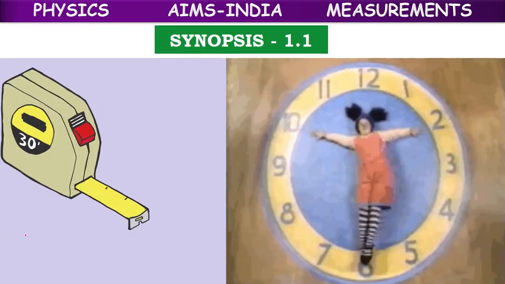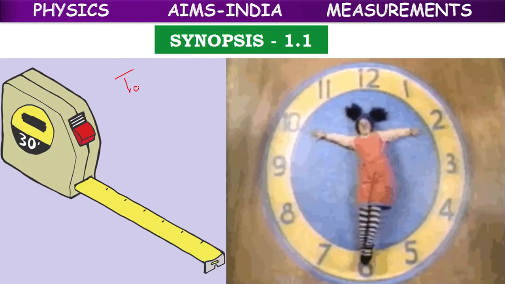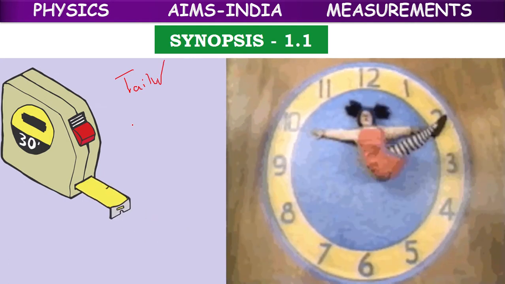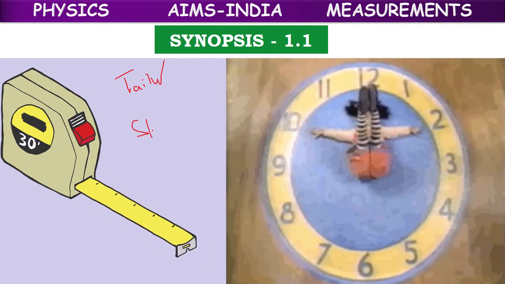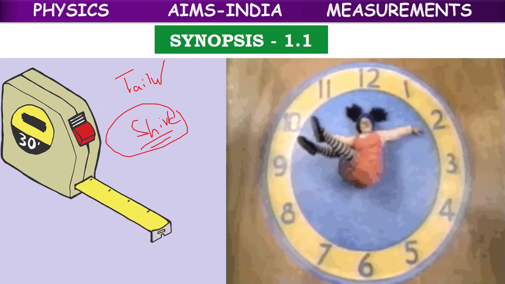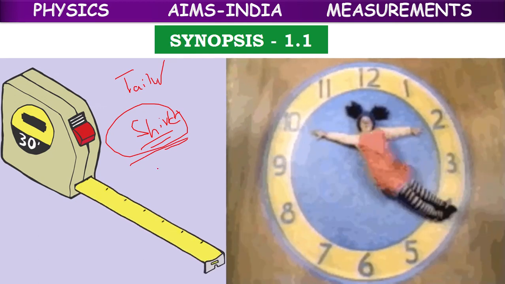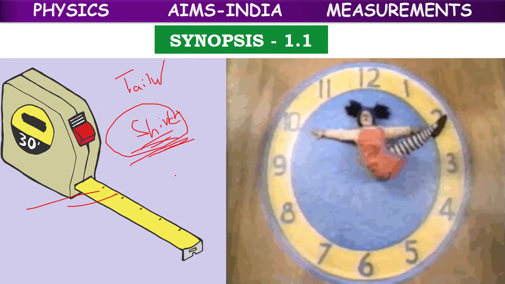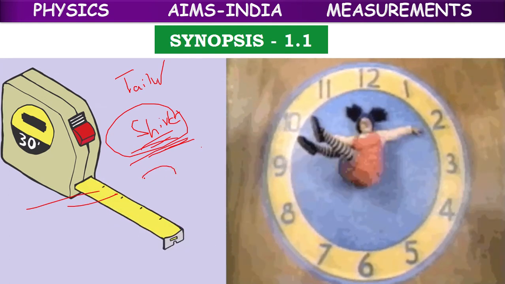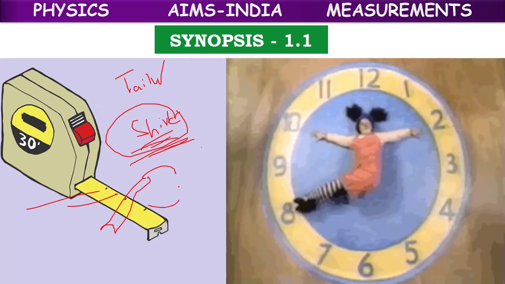Or if you go to a tailor shop and want him to stitch a shirt or school uniform for you, just by seeing you, can he stitch it? He can't. He has to take your measurements: your shoulder length, your neck length, your hand length, and your chest length.